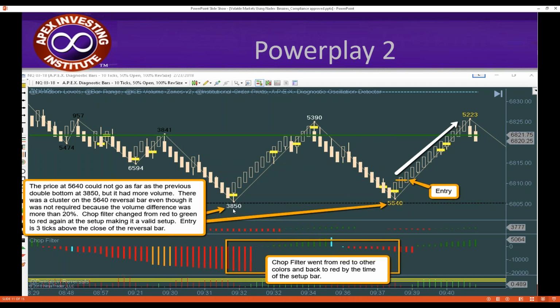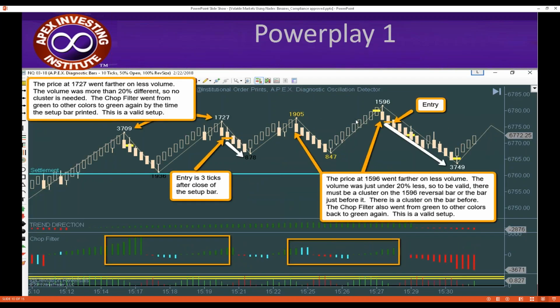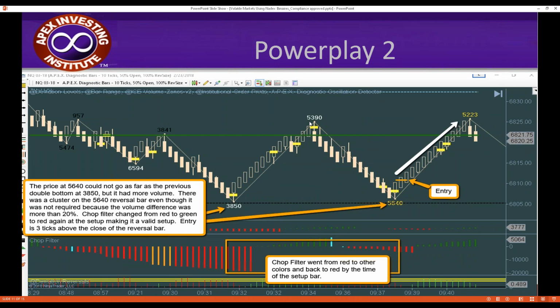So remember, this first example was it went a little further on less. So you expect a pullback. Here, it could not even get as far on more. Even with more volume in this push down, like a good amount more, 5,600 compared to 3,800. This push here, 3,800. This push, a lot more volume. It could not even get back down to this same level.